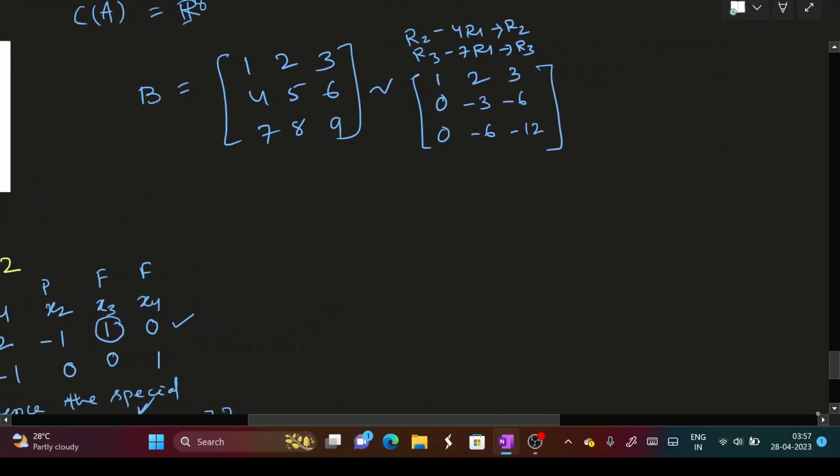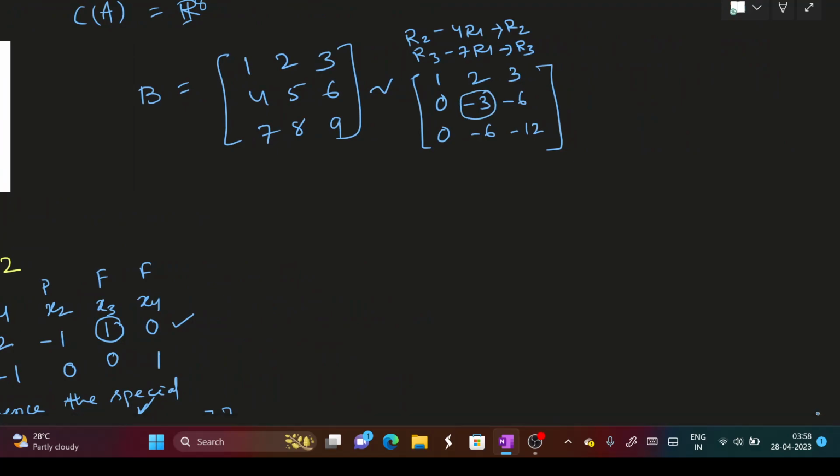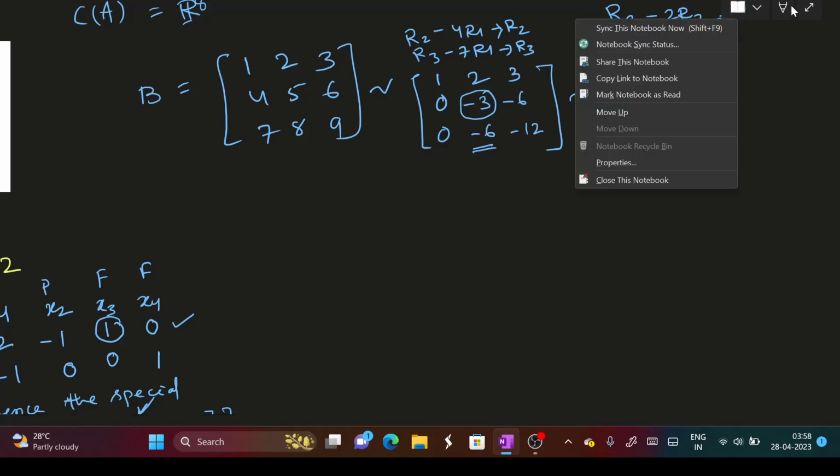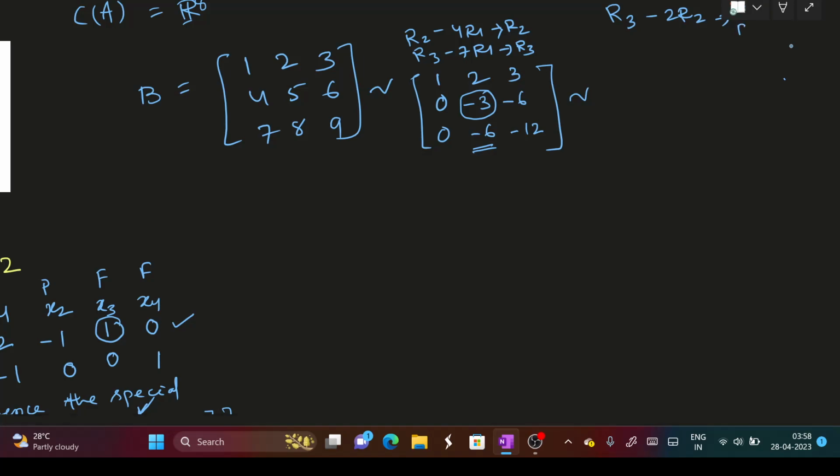Now still it is my second pivot. Below it I have to make 0. This I have to make 0. So what operation is needed? It is R3 minus 2R2 stored in R3.